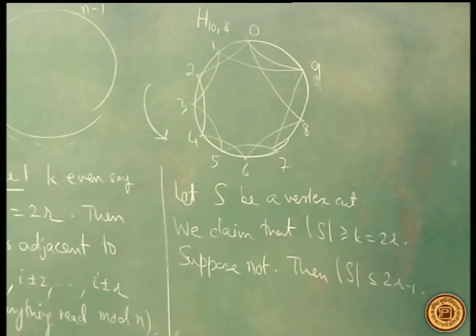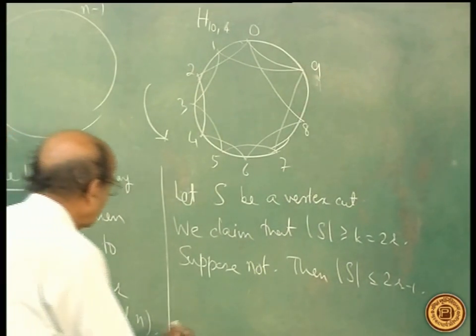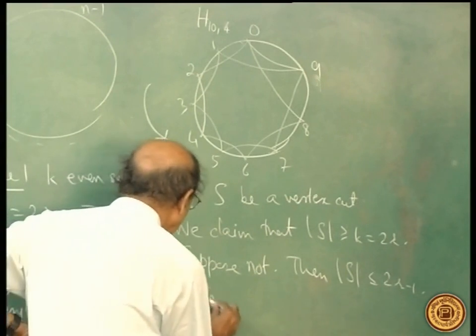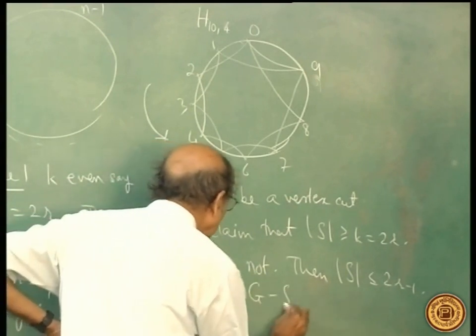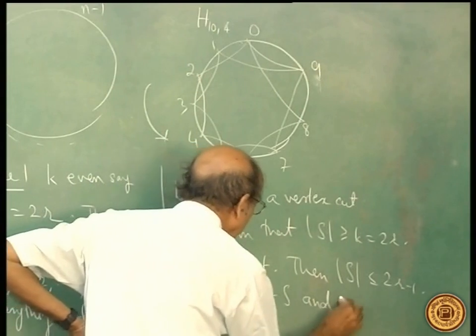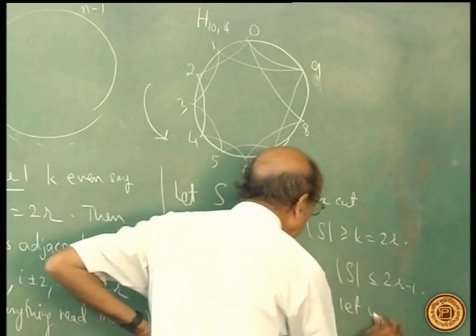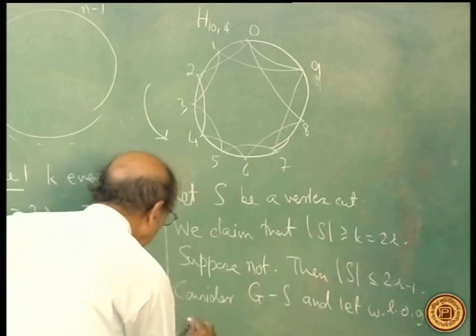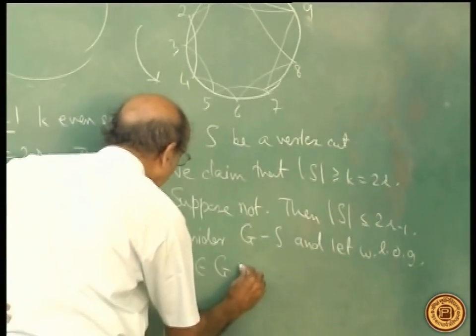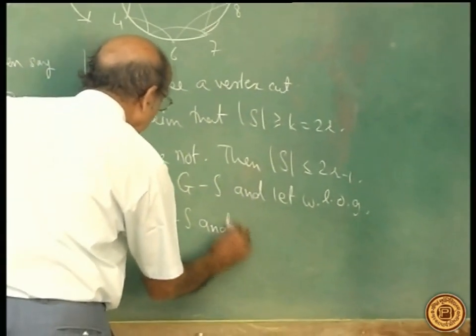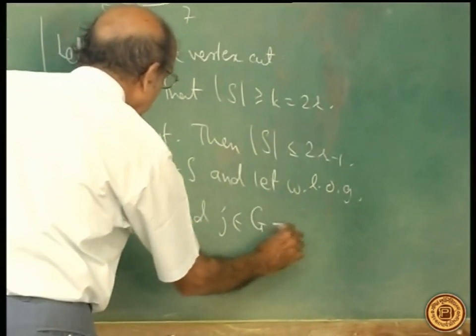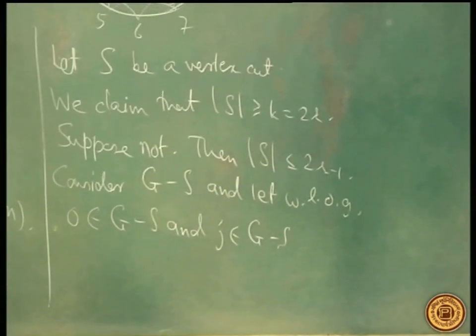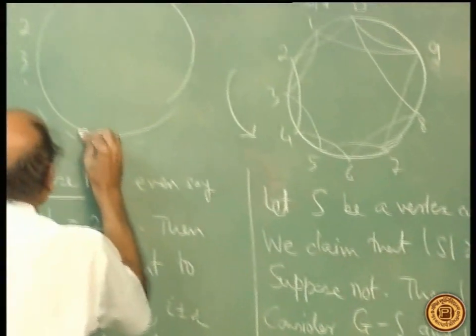I should then prove by contradiction, so I have to show that G minus S is still connected. Consider, and let, without loss of generality, 0 belong to G minus S and some J belong to G minus S. So this is not removed and this also has not been removed.